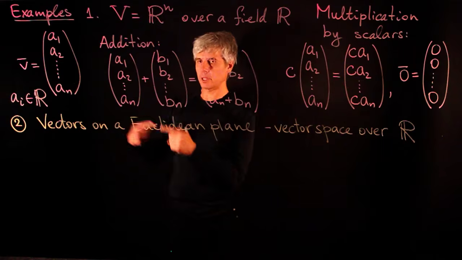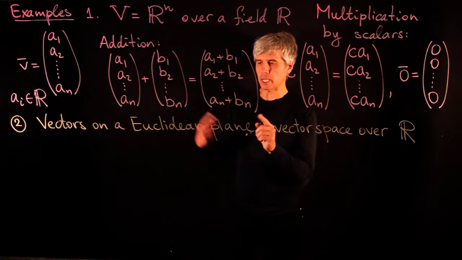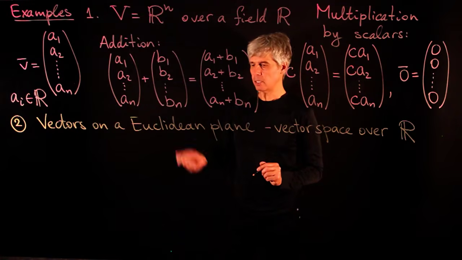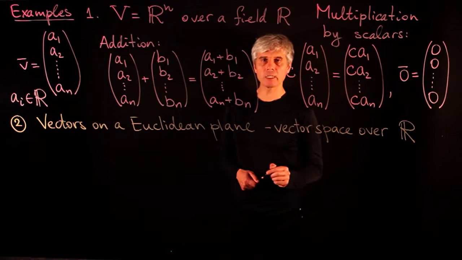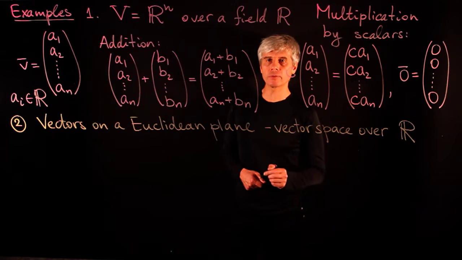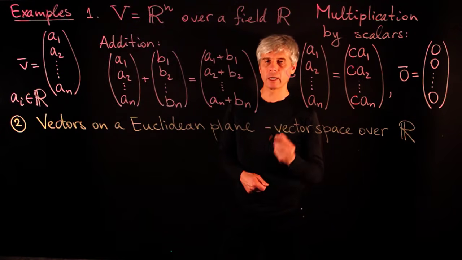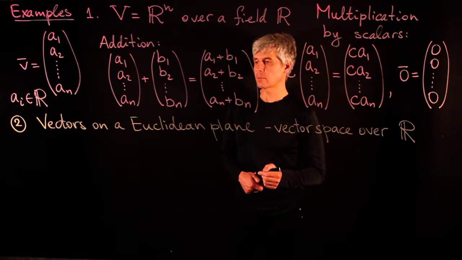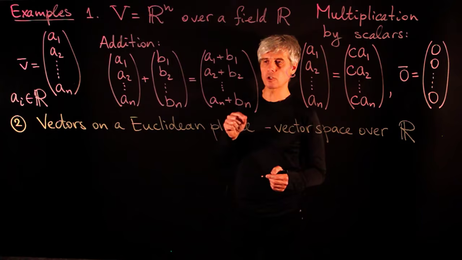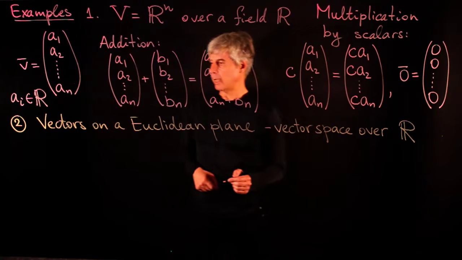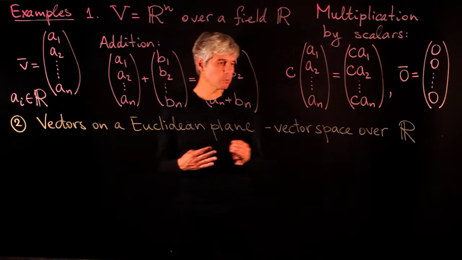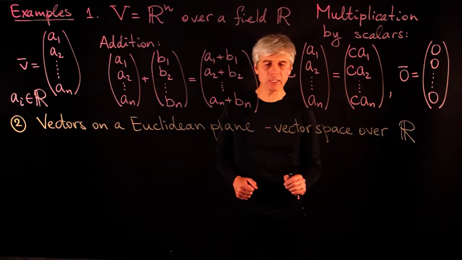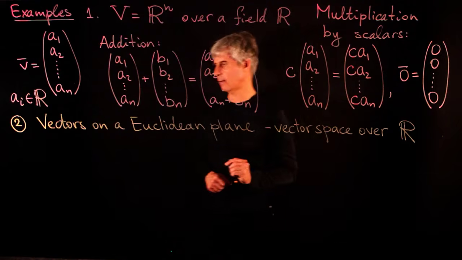So here, we defined vectors as directed segments on a plane, and we defined addition of these vectors, and we define multiplication of Euclidean vectors by real numbers. And there is also the concept of a zero vector. So it's a vector that connects each point to itself. And again, it is possible to verify that all axioms of a vector space will hold in this setting.